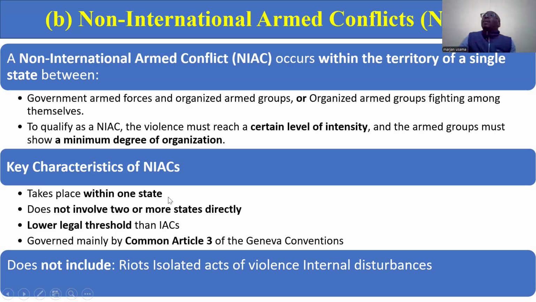It is inside Somalia, that conflict. It does not involve two or more states directly. Then lower legal threshold. So even if you go to the International Court of Justice, the legal threshold is not that strict compared to the international armed conflicts.